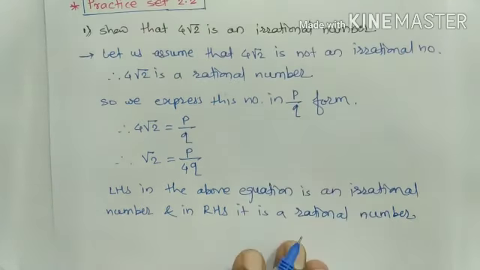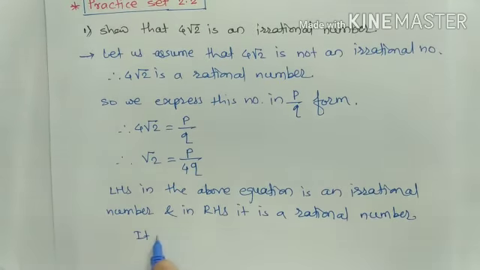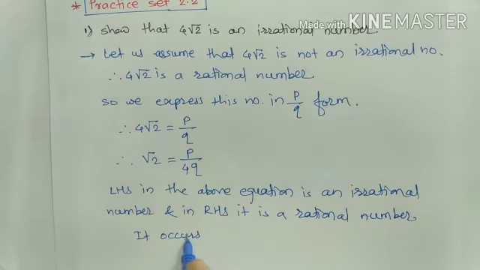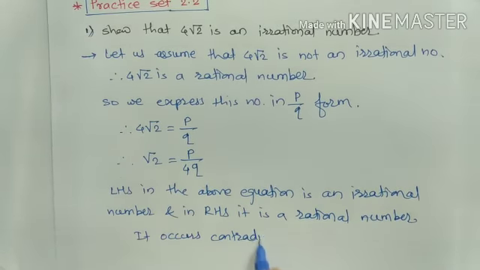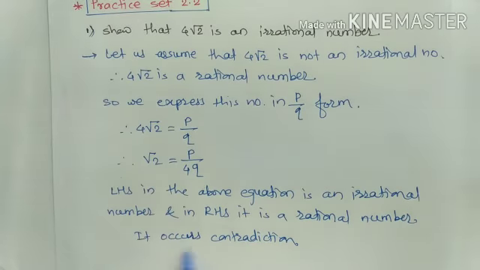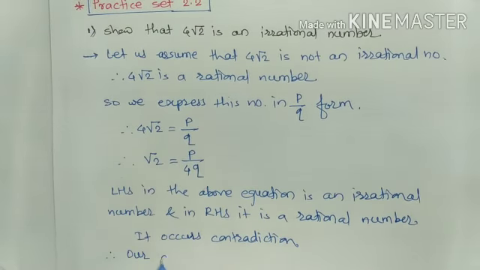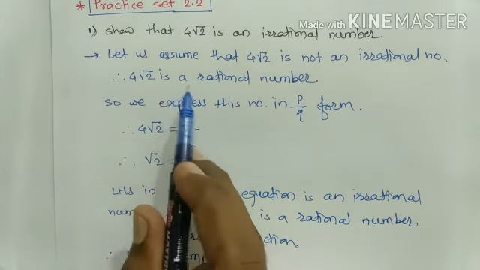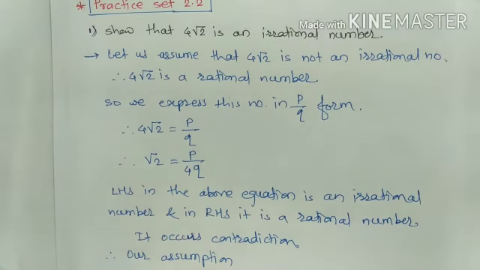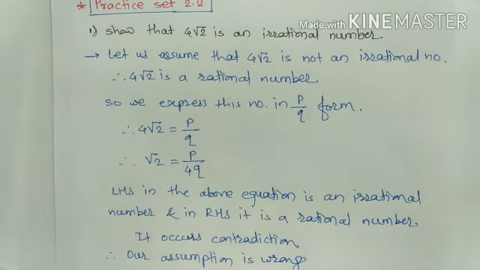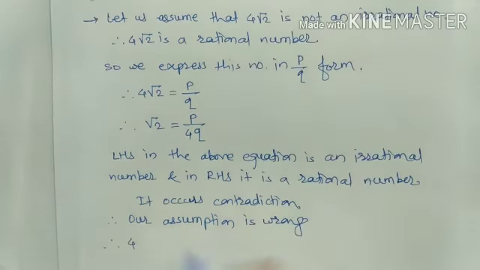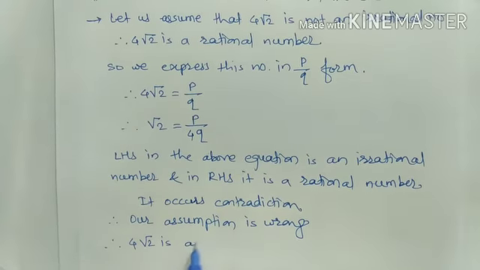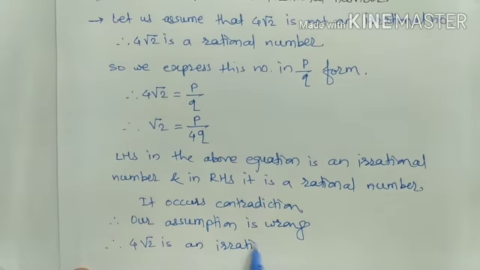So it occurs contradiction. And therefore our assumption is wrong. अज्युम लिहू शकतो आपण, सपोज लिहू शकतो. जर सपोज लिहिलं तर सपोजिशन लिहायचं. Our assumption is wrong, and therefore as our assumption is wrong, then 4 root 2 is an irrational number.